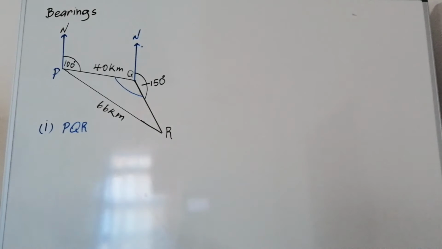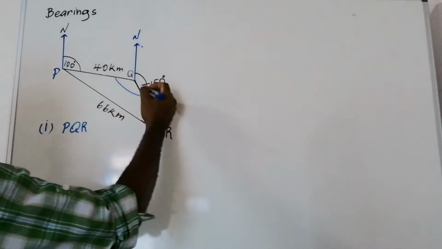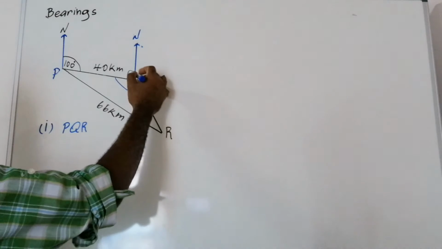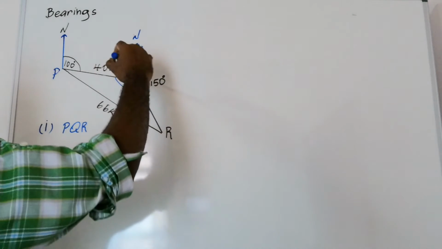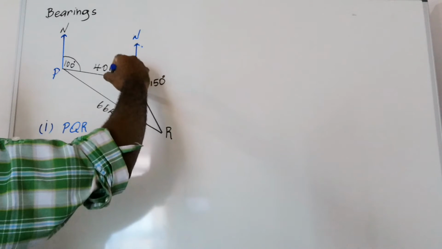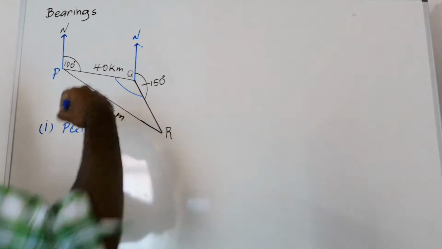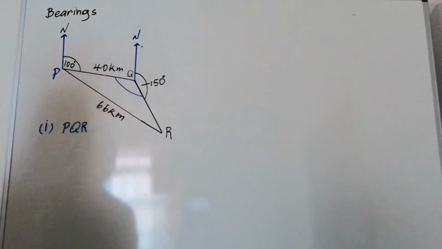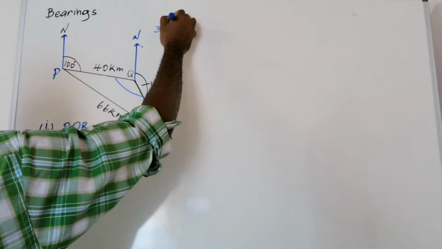Now, how do we find that angle? Let's see the information that is given. Here, we know this angle coming this way is 150 degrees. We know also that one complete rotation, the circle, is 360 degrees.